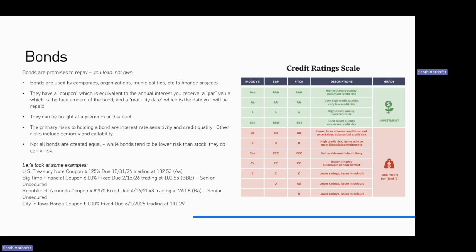Now, the one other here that I want to point out, it's the very last example, the City in Iowa bonds coupon at 5%, and it's got the fictional maturity date of June 1st, 2026, trading at just a slight premium there.